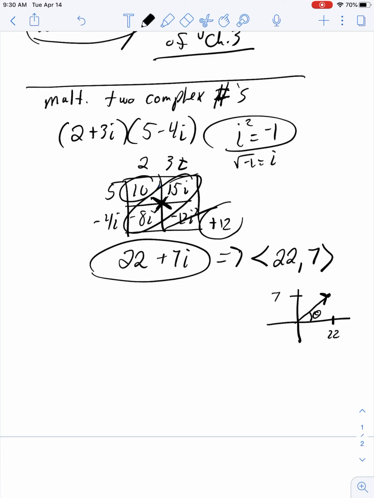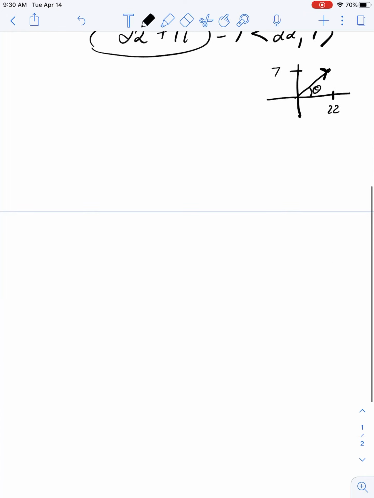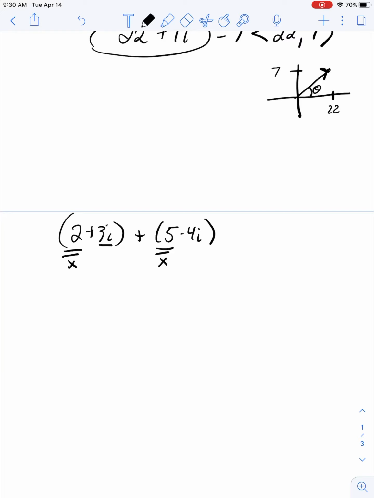Okay, adding these. So let's say we have 2 plus 3i plus 5 minus 4i. Basically you just add the x components. So here's my x components, here's my y components. So you just add x's and x's and y's and y's. So you have 7 minus 1i.